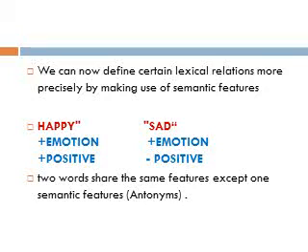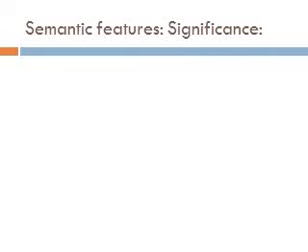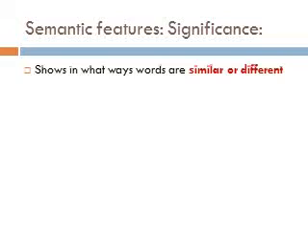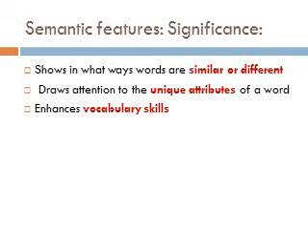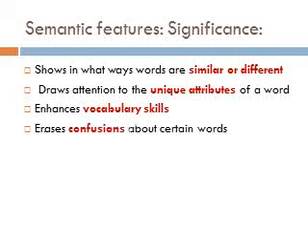So why is it important to discuss semantic features, or what are some of the benefits of studying semantic features? As we just mentioned, it shows in what ways words are similar or different, draws attention to the unique attributes of a specific word, it enhances vocabulary skills, and it's actually sometimes used in teaching vocabulary, and it also erases confusions about certain words.